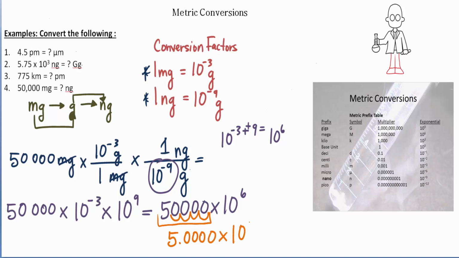I moved the decimal place 4 places to the left. So that becomes 10 to the 4th, or for each place you could say 10 to the 1st, 10 to the 1st, 10 to the 1st, 10 to the 1st, which gives you 10 to the 4th.